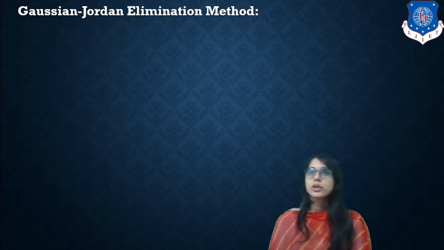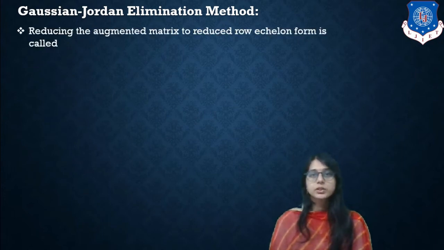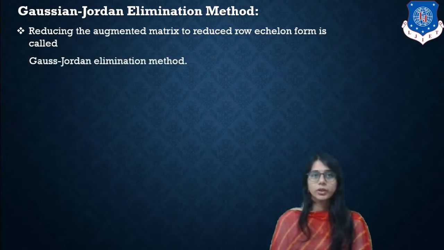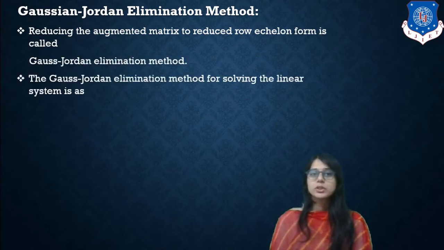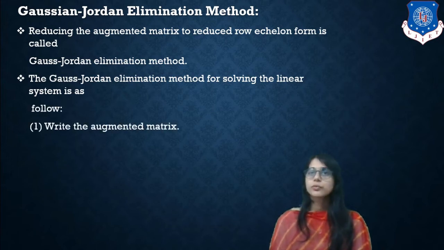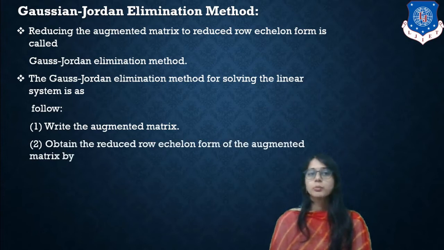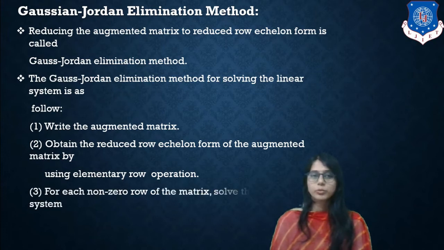Now, the Gauss-Jordan elimination method. Reducing the matrix to reduced row echelon form is called the Gauss-Jordan elimination method. The Gauss-Jordan elimination method for solving a linear system is as follows. First, write the augmented matrix. Obtain the reduced row echelon form of the matrix by elementary row operations.